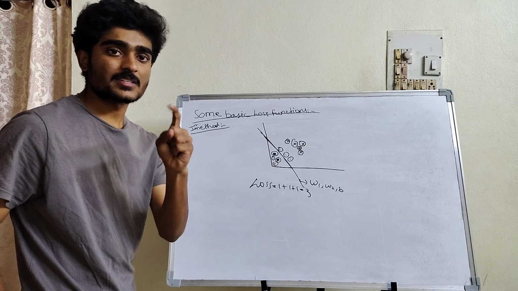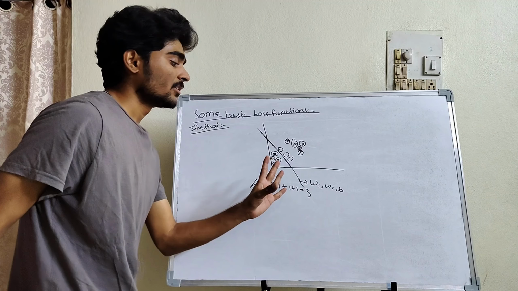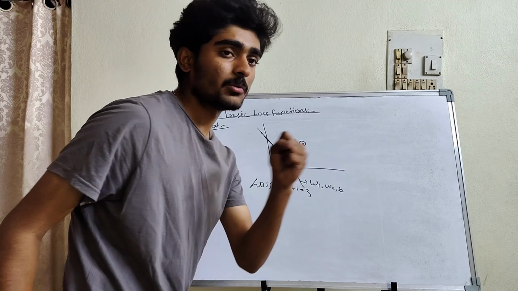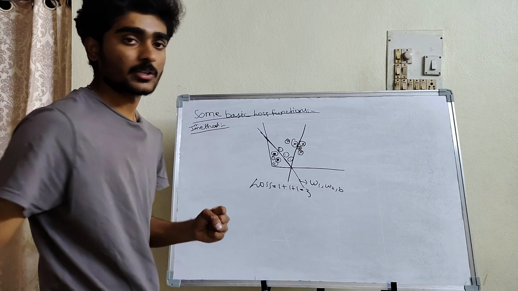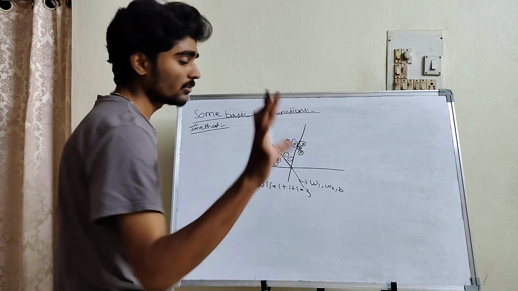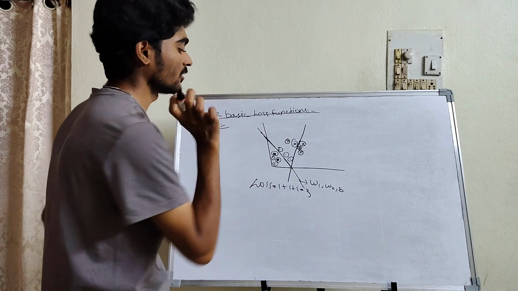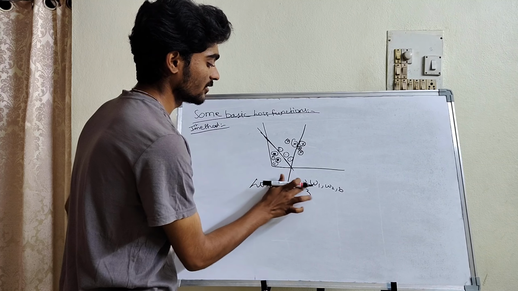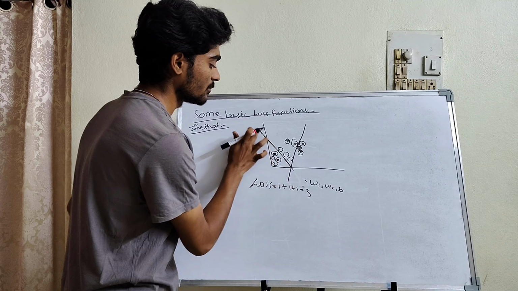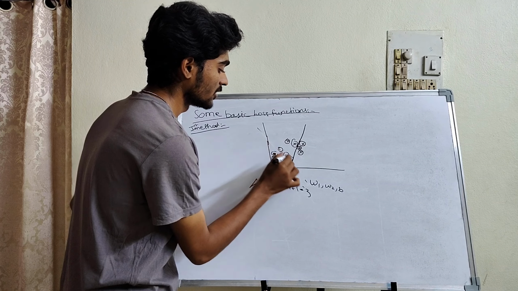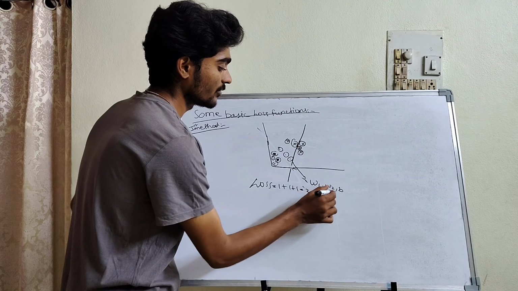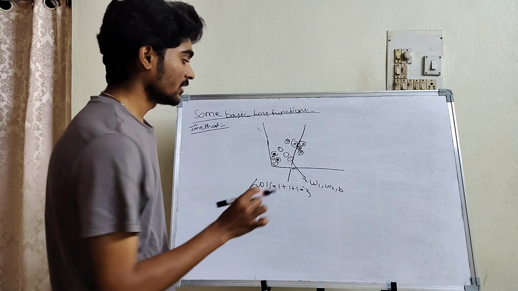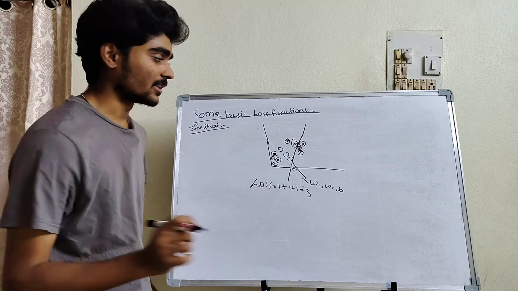Now let's take another condition where you have a new set of w1, w2 and b values and your binary classifier line is this. Let's see how many data points are misclassified. Now let's erase this. This is not your binary classifier line, but this is. Corresponding to this, these are your weights and bias values.